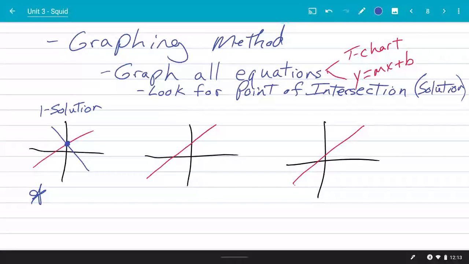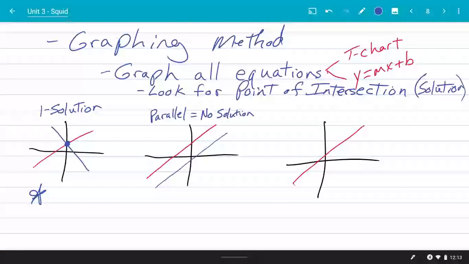But we could also have one that looks like our second one here, where we have 2 lines that are parallel. And if we have parallel lines, there is no solution. And there's no solution because there is no point of intersection.